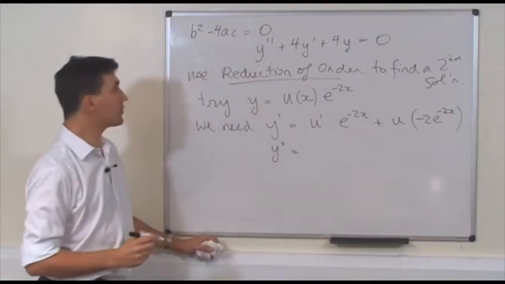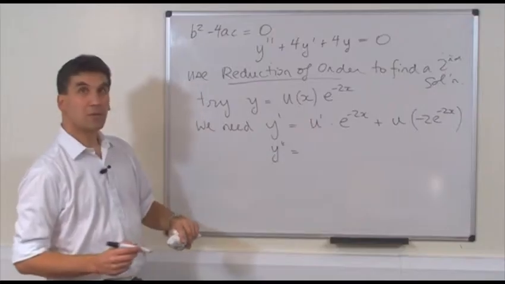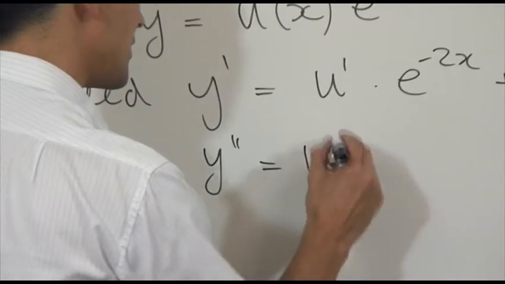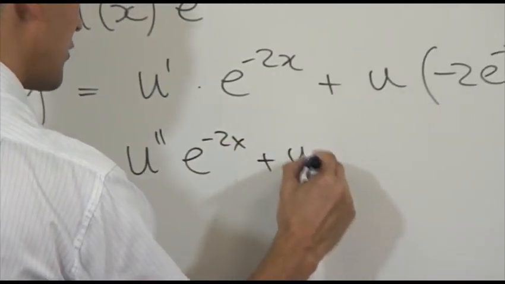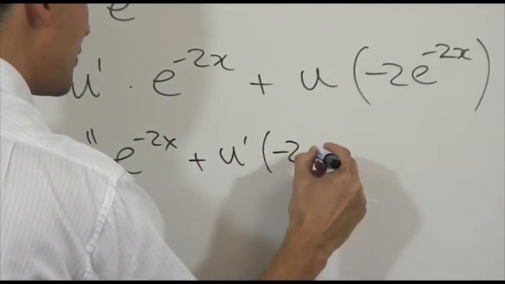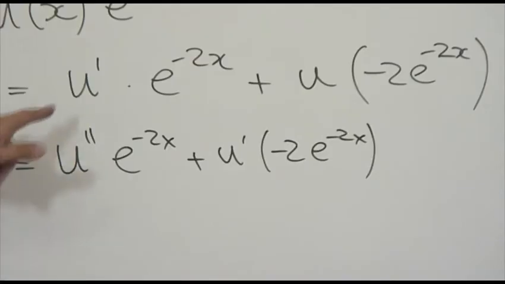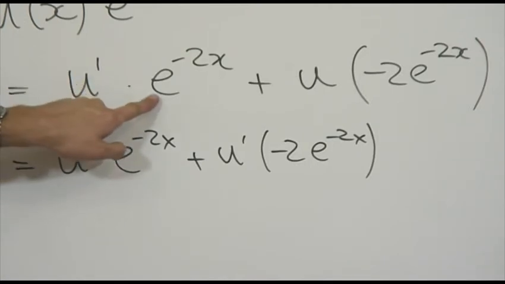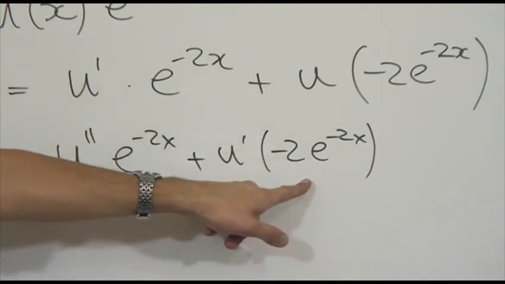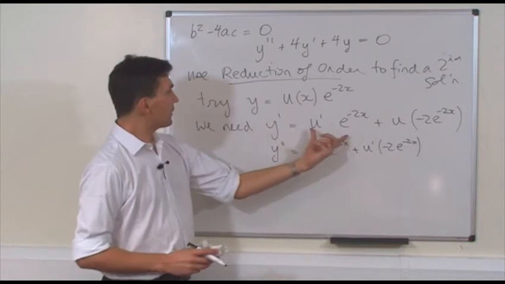Well, we've got two products. We've got u prime times e to the minus 2x. We'll differentiate that. We get a u double prime e to the minus 2x plus u prime times minus 2 e to the minus 2x. First, we differentiate the u prime, which gives us u double prime. And second, we differentiate the e to the minus 2x, which gives us the minus 2 e to the minus 2x. So that's this first pair.